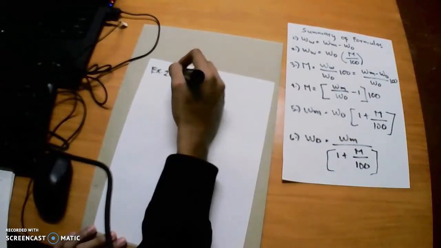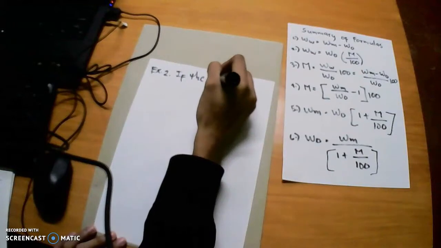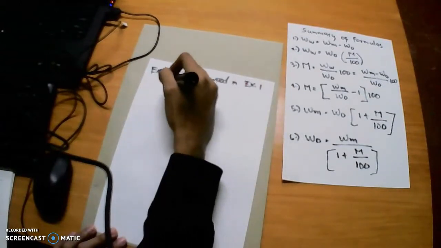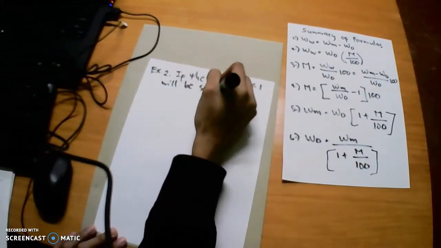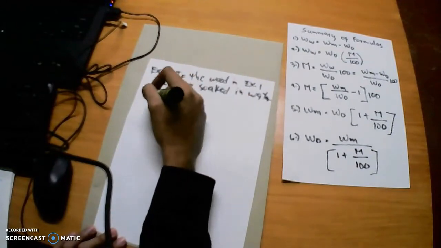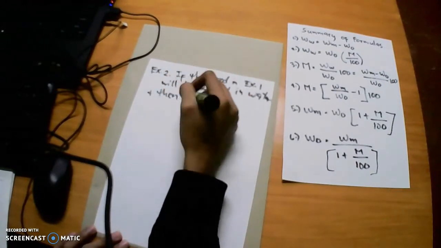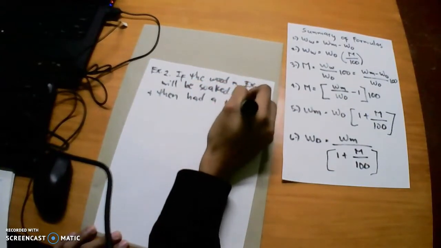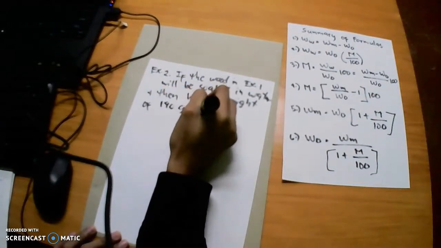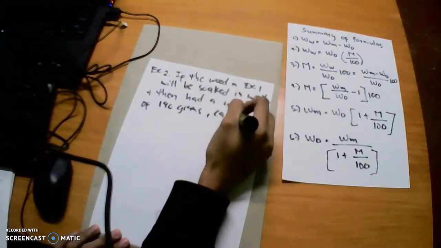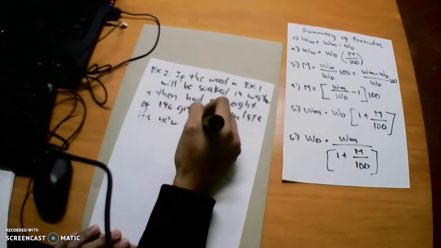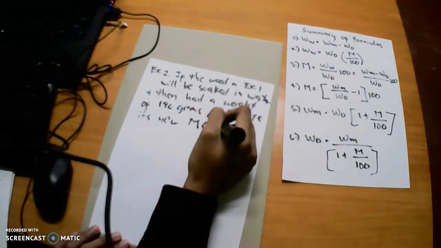Now, example of that. If the wood in example number 1 will be soaked in water and then had a weight of 140 grams, calculate its new MC.